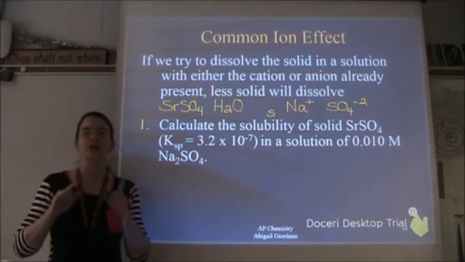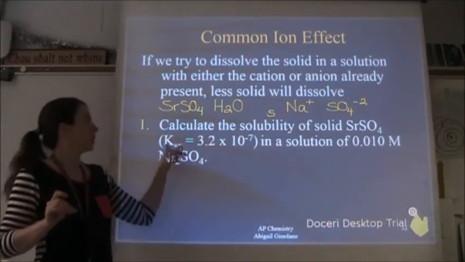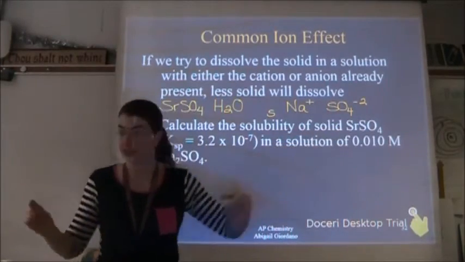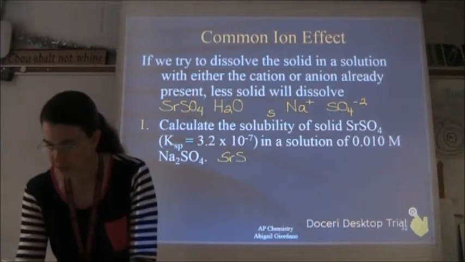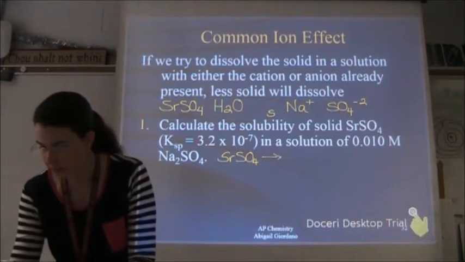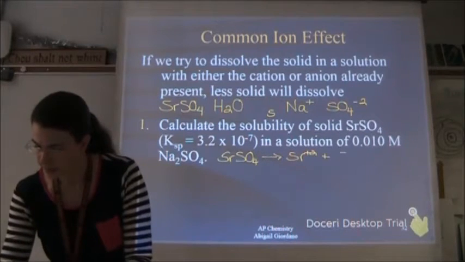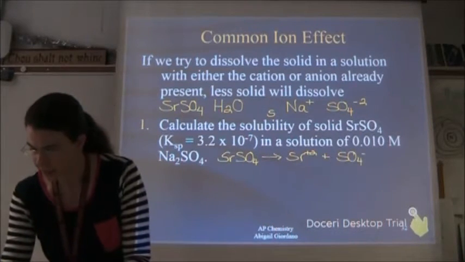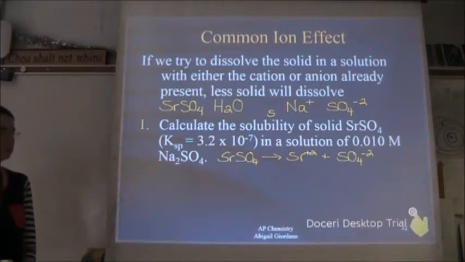Which compound do you think is the one that I really care about here? This one, the solid. So here's how it breaks down. Strontium ion, sulfate. Is it balanced? Yep, great.